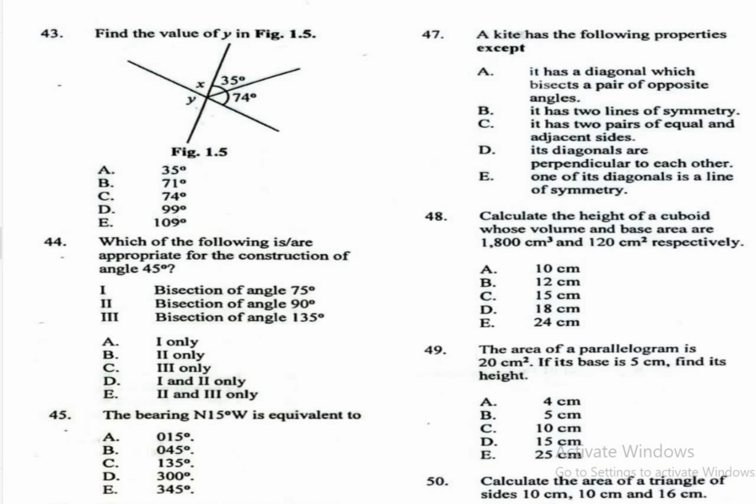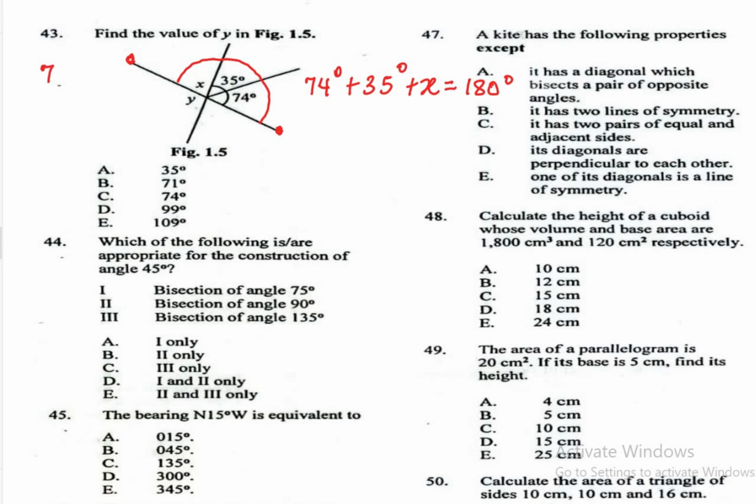To get the value of y, I'm sure you know that angles on a straight line sum up to 180 degrees. So everything here must sum up to 180 degrees. So we can get the value of x first. To get the value of x, 74 degrees plus 35 degrees plus x must give you 180 degrees.